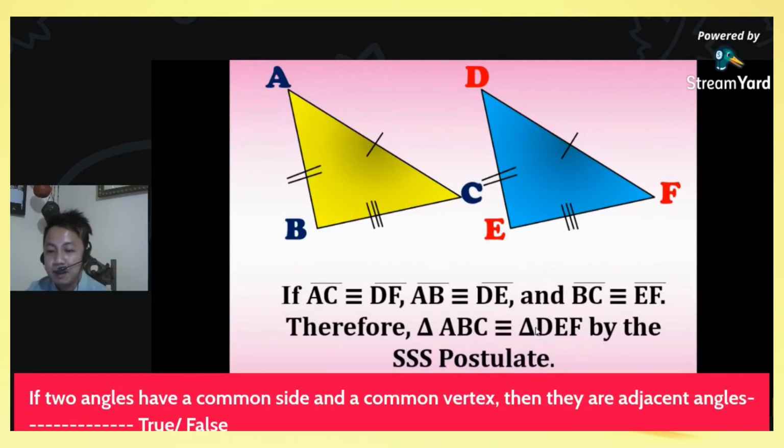If side AC is congruent to side DF, and side AB is congruent to side DE, and side BC is congruent to side EF, as you can see, the markings here denote that they are congruent. Therefore, triangle ABC is congruent to triangle DEF by the SSS postulate, or the side-side-side postulate.